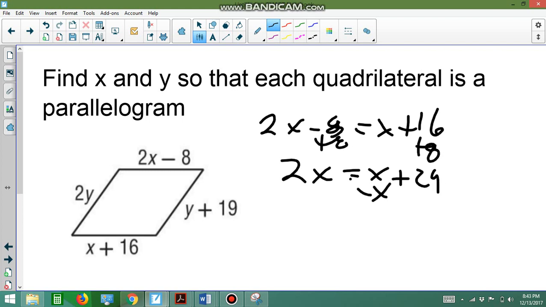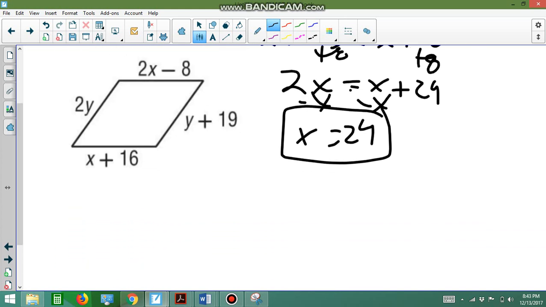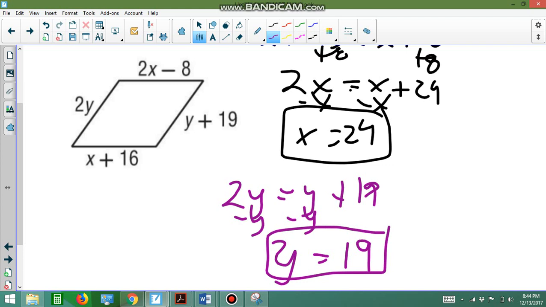So minus x, and x equals 24. Does not look like a 24. Let me try to fix that. And then to find y, we'd say 2y equals y plus 19 minus y. So y equals 19. Okay?